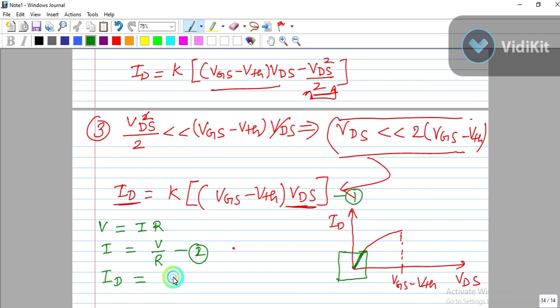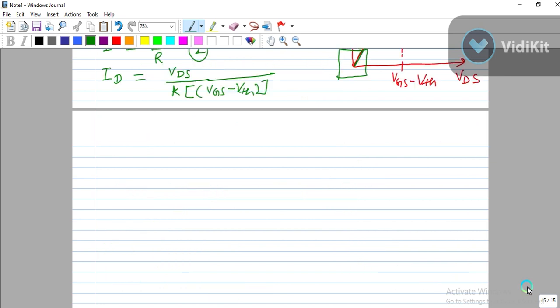ID will become equal to VDS, that is the V, and this we will keep as 1 by R. I mean we have to keep it down, so it will become like this, with VGS minus VTH. Any doubt? No. Okay, so we have this equation.